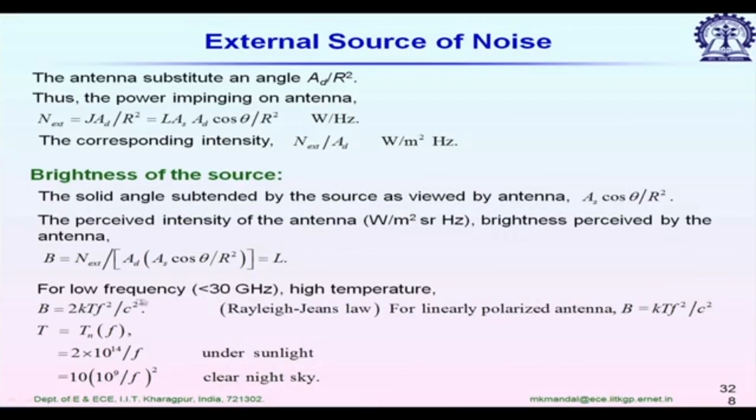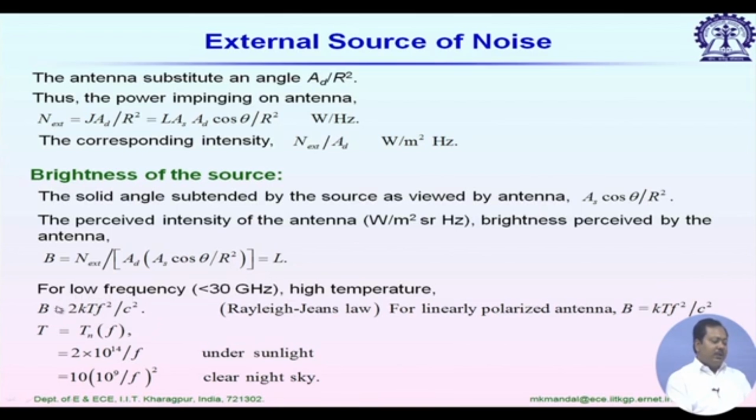Under the sun it will have some value, under a cold sky at night it will have a different value. Roughly, for the low frequency case below 30 gigahertz and high temperature, B is 2kT f square by c square, considering that we can receive all the power it is radiating.